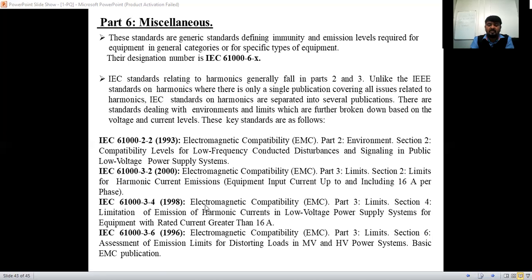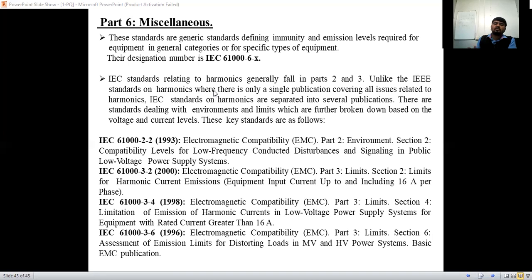So these are the standards IEC provides, all 6 parts. The first is general, second is environment, third is limits, fourth is testing and measurement, fifth is installation and mitigation guidelines, and sixth is miscellaneous.